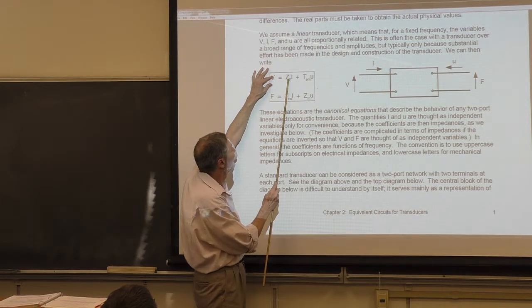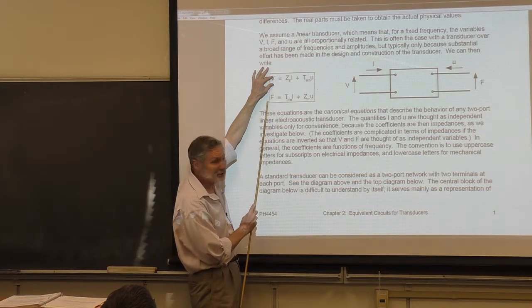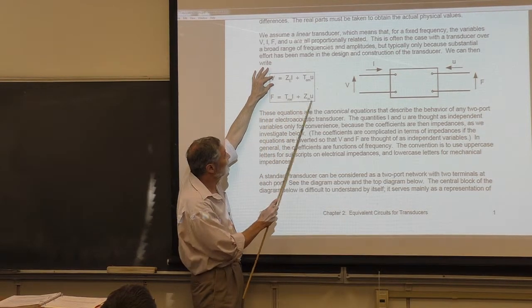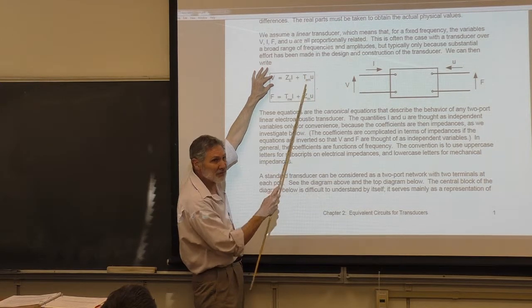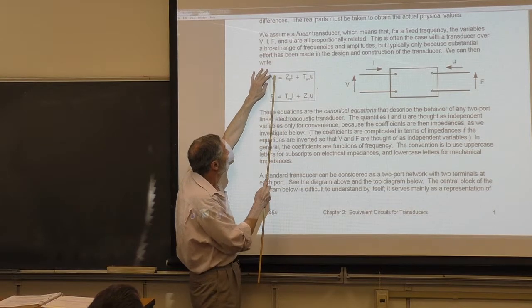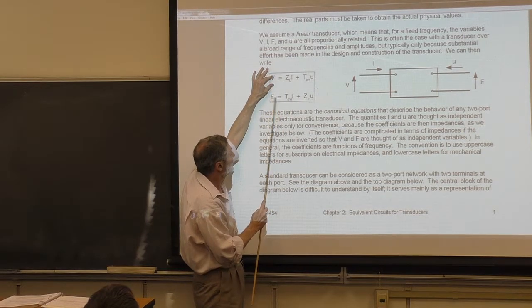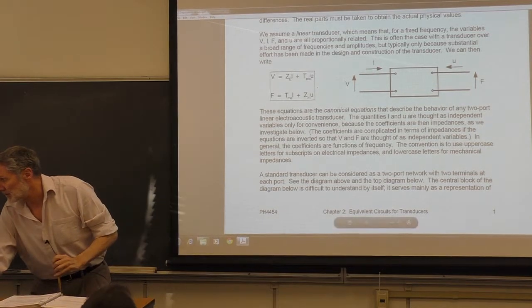How do we get an expression for that? Well, we zero out the force, then we can find the ratio of I over U and substitute it back into here. You can almost do this in your head if you think about it. We want to get V over I under conditions of zero F. We need to get that information in there. And when you do that, it's just simple algebra. Here's what you get.